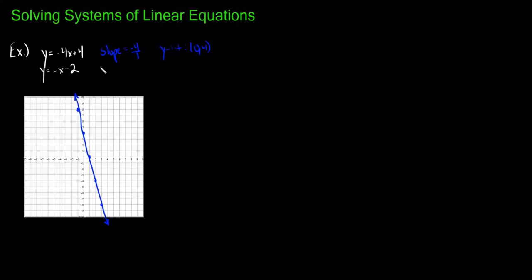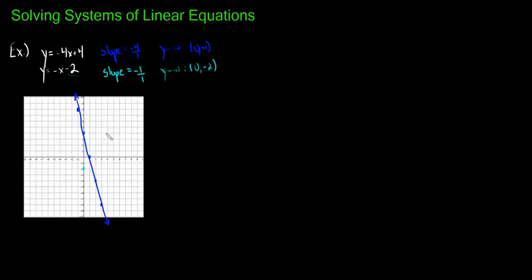Now we need to do our second line, okay? So the slope of this one is negative 1. You can also think about it as negative 1 over 1, okay? Down 1, right 1, down 1, right 1, down 1, right 1, etc. And the y-intercept of this one is 0, negative 2, right? So I can go ahead and plot this y-intercept, 0, negative 2.